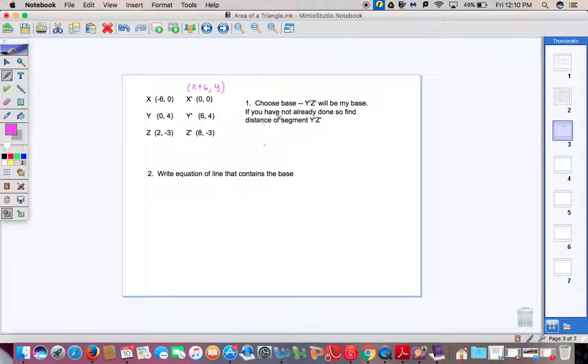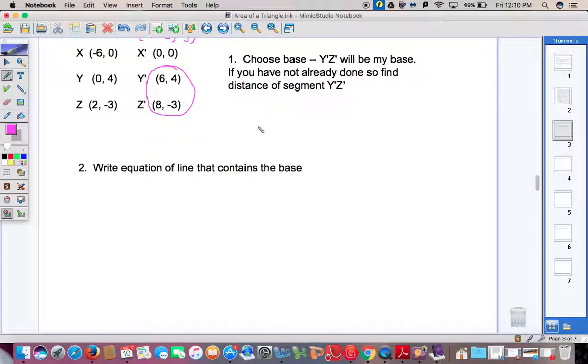Okay, so first we're going to choose the base. And if you haven't already done so, you need to find the distance of that segment. Okay, so I can quickly do that. I'm going to use these ordered pairs right here. Okay, so I have the distance formula, which is the square root of (x2 minus x1) squared plus (y2 minus y1) squared. And if I substitute my given information in, I've got (4 minus a negative 3) squared plus (6 minus 8) squared.